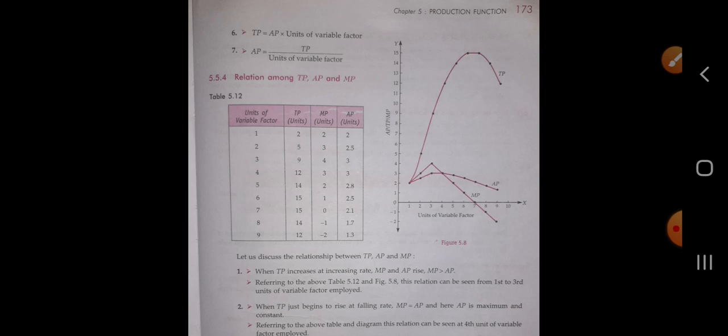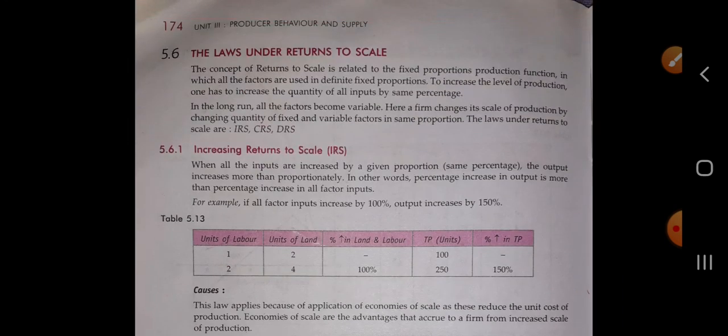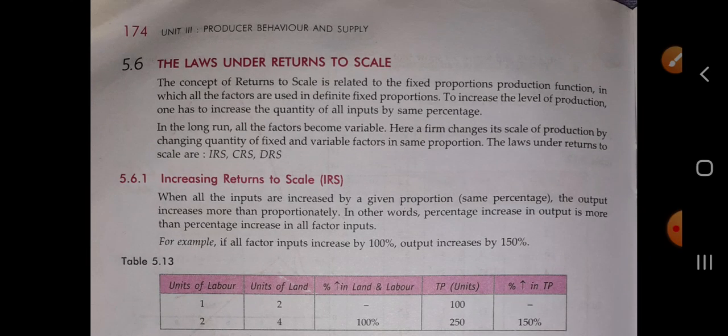Okay, so the next topic of your chapter 5, production function, is the law of returns to scale. The return to scale is applicable in the case of long run. Okay, and whatever topic we have studied, return to a factor, is applicable in the case of short run. Okay, so let's start.